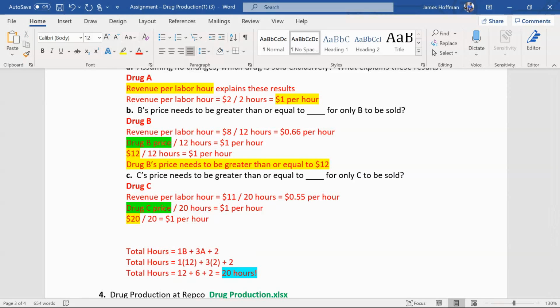So the answer we're trying to get is that drug C's price needs to be greater than or equal to 20 for only C to be sold.